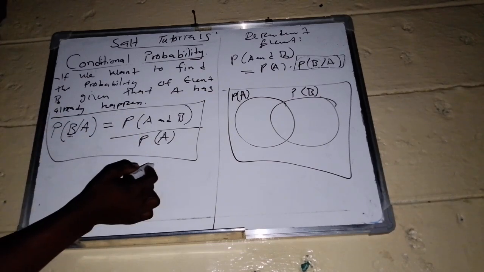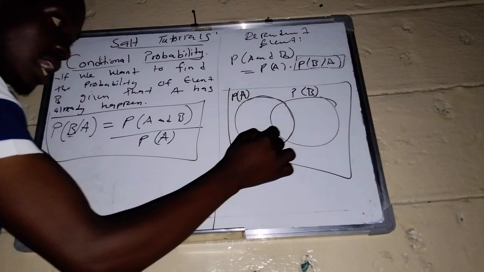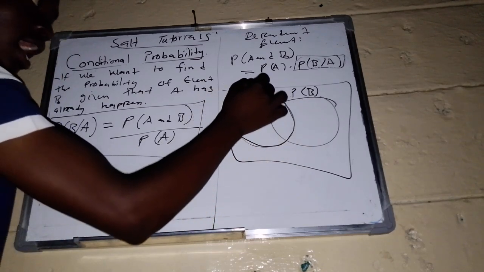So what is the probability of A? The probability of A is this. This A has already occurred.